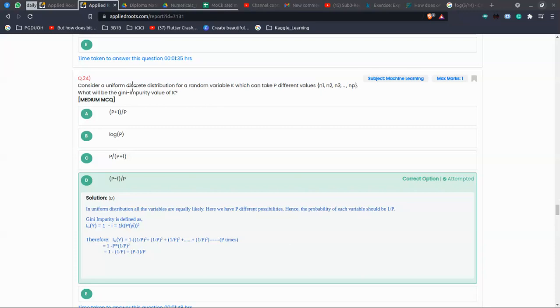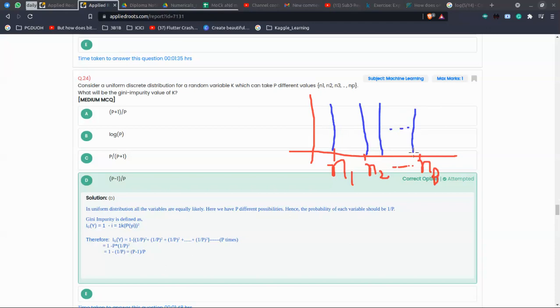See, this is a uniform discrete distribution, right? So the probability value for each variable, n1, n2 up to np, would be similar, and it would be nothing but 1 by p.